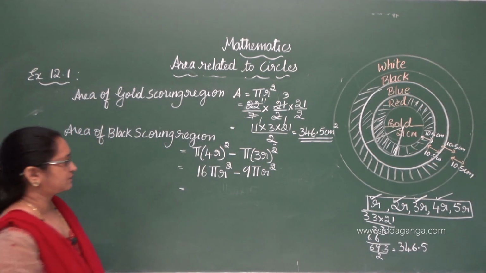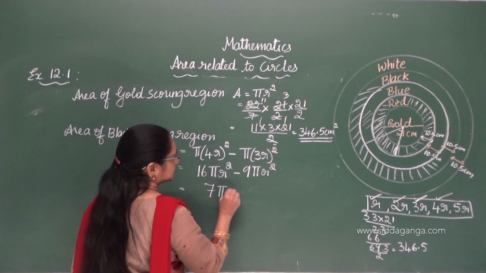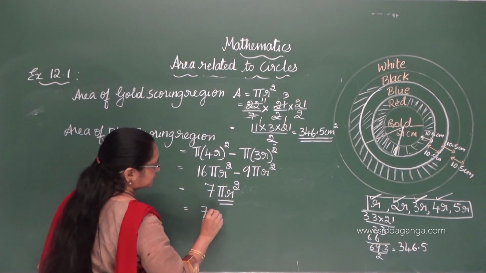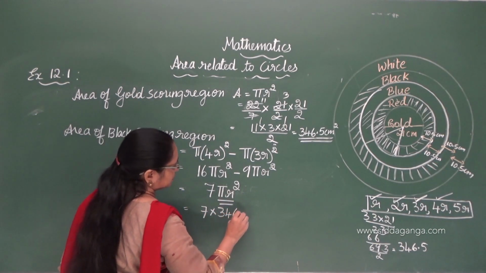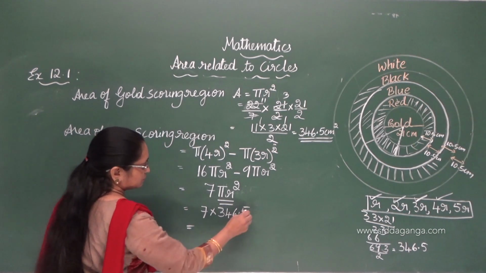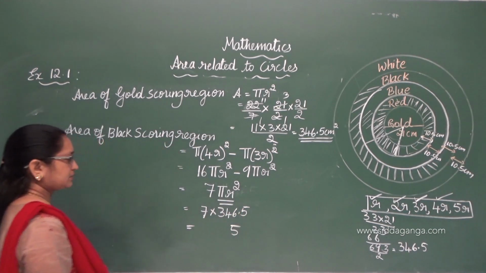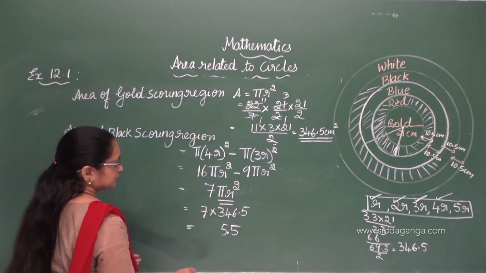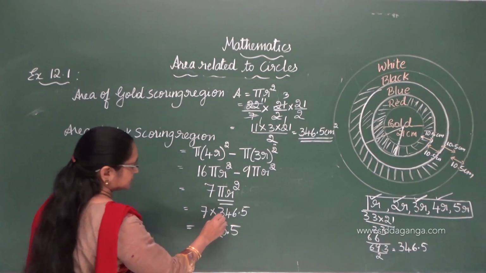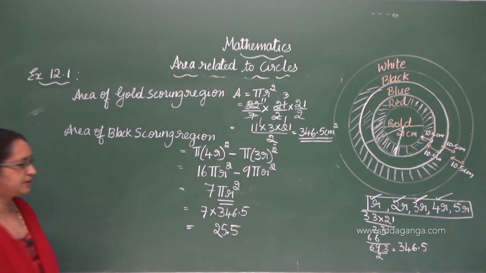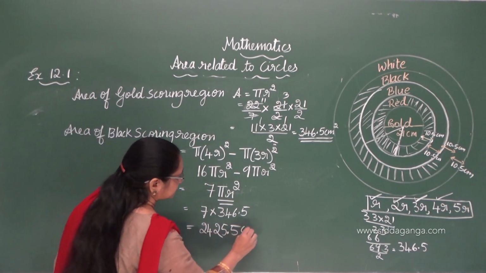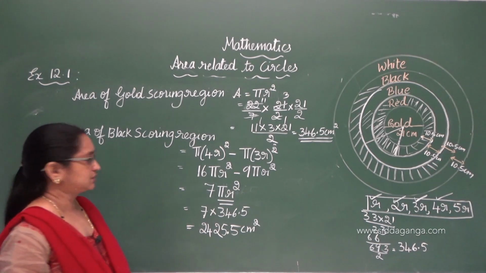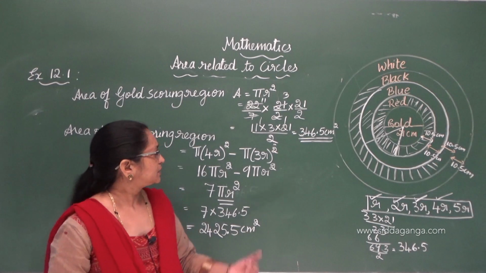So 7πr². We have the value of πr², so 7 into 346.5. 7 5s are 35, 3, 45, 4, 28, 29, 30, 31, 32, 3, 7 3s are 21, 22, 23, 24. So 2425.5 centimeter square.